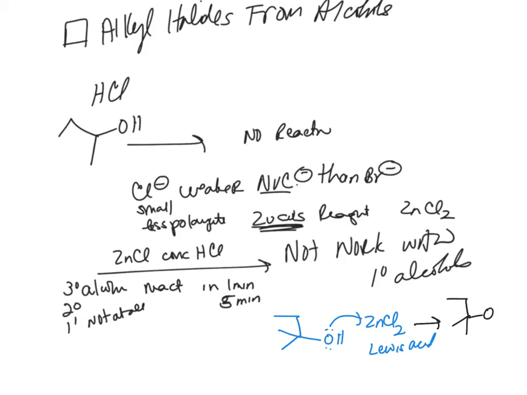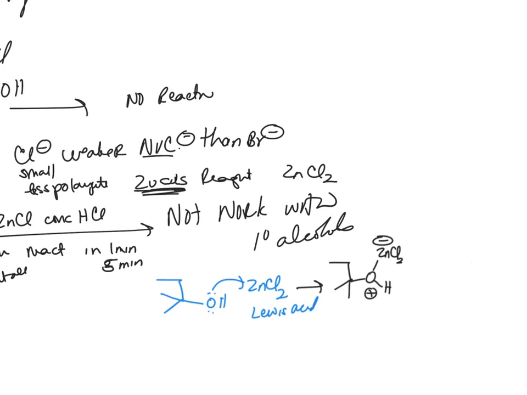And what happens then, it forms a complex, like an acid-base reaction with the zinc. And then this helps pull this to leave. So now you have your leaving group, and it's a great leaving group. And you get a carbocation. And that's a tertiary alcohol. So this is a tertiary carbocation.